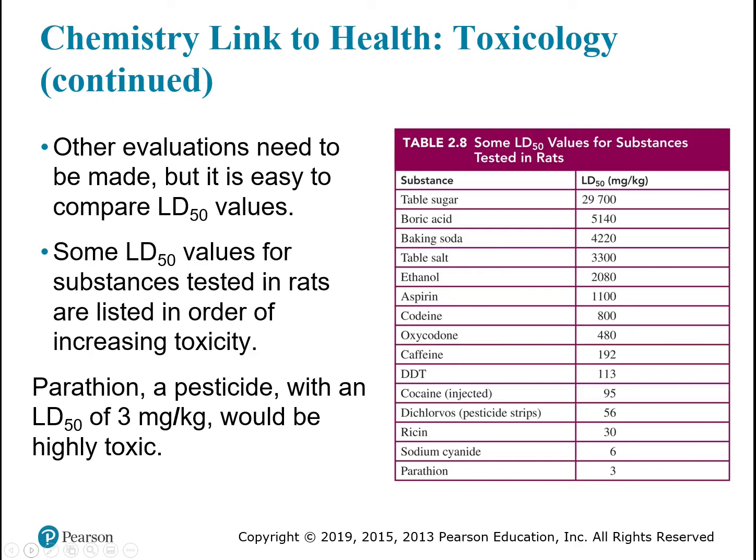So this table 2.8 has some of the LD50 values for substances tested in rats. So sugar, table sugar, really high LD50. I don't know that it would be possible to eat that much sugar in one sitting, but I'm sure that maybe someone has tried. I hope not. But that's a lot of sugar. Boric acid, which you wouldn't want to eat anyway. Baking soda.